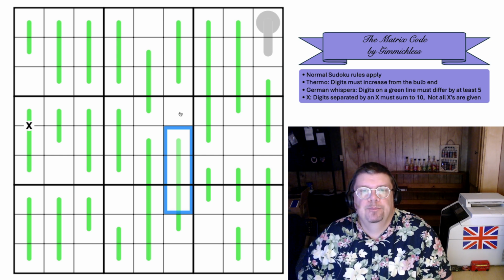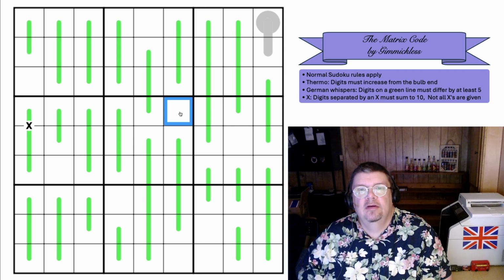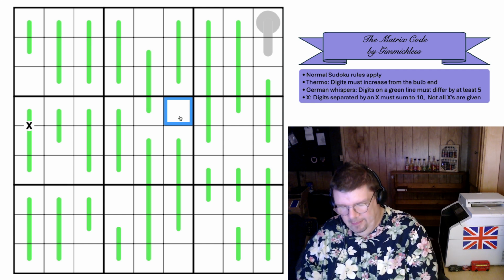Okay. So that gives me a few things to consider. So if 5 can't go on a line, then 5 must only go in spaces where there is no green line. And in this box, that's a 5.